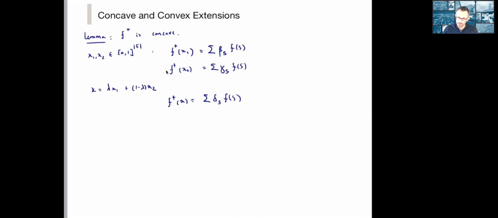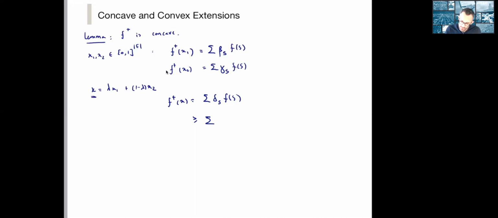And this delta s maximizes this quantity over everything that gives a convex combination. So in particular, it's greater than or equal to the value if I replace delta s by anything else that gives a convex decomposition of this x.